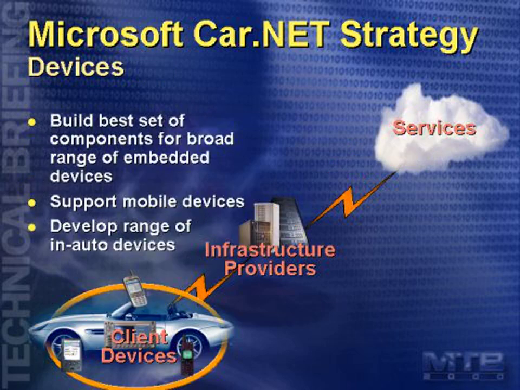The devices that we're doing, our strategy there is to build excellent set of components for a broad range of embedded devices. We'll support mobile devices, of course. So that means that we'll have interfaces between our auto PC stuff and your handset, a Bluetooth connection, so that I'll be able to make connection between these two devices.